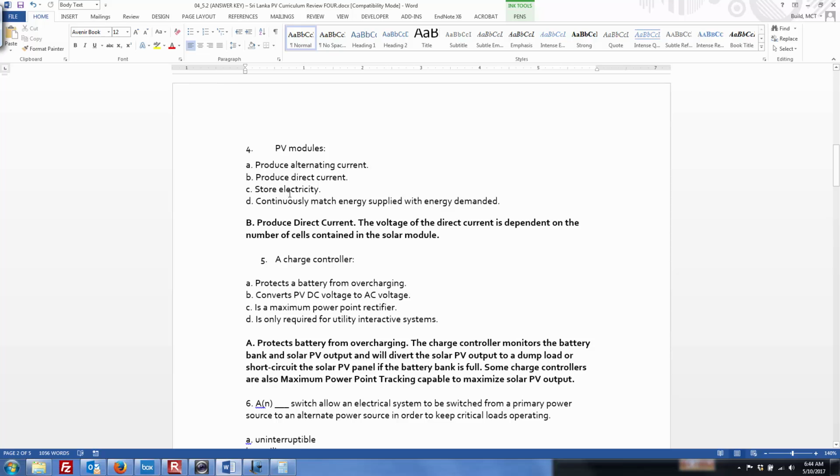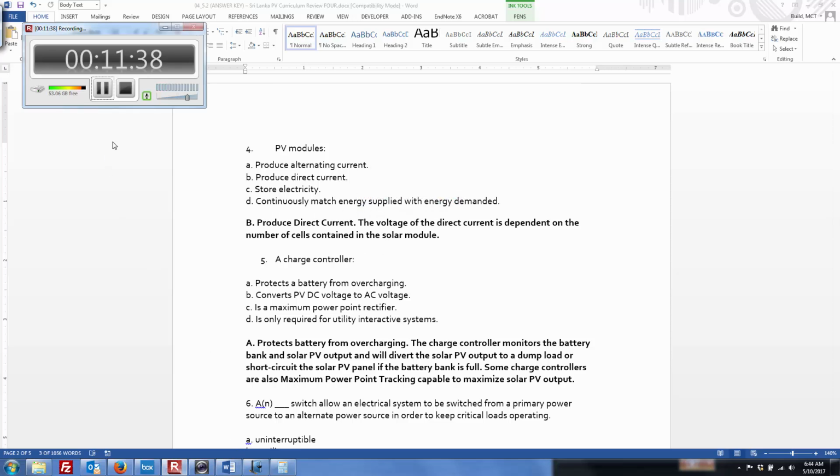PV modules, and this is fairly straightforward, produce direct current, and that's true in every single case. At least on the low time scale, you always have a positive and a negative on a PV module, and we can get into more of the science of that, but that's enough really to know for now.